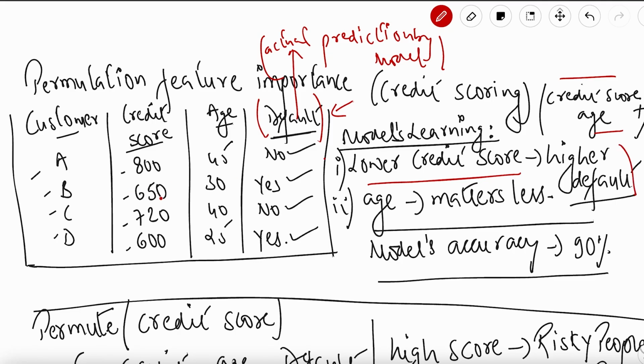If we see here, 650 and 600 are low scores, and yes, the chances of default are yes. 800 and 720 are higher scores, so the chances of default are no here. Age matters less. Even if this person is 45 years of age, or might be 55, the default state will still be no. Why? Because the model gives more weightage to the credit score. And finally, the model's accuracy is 90%.